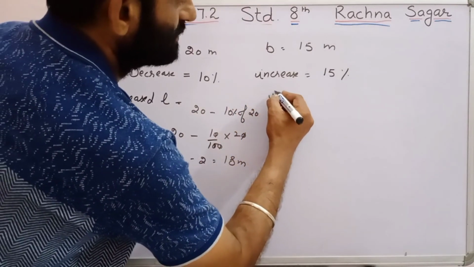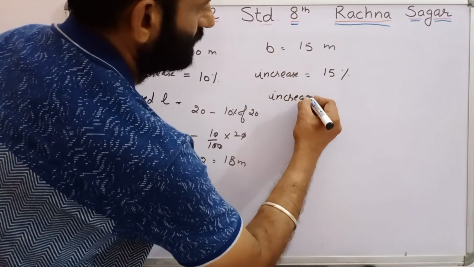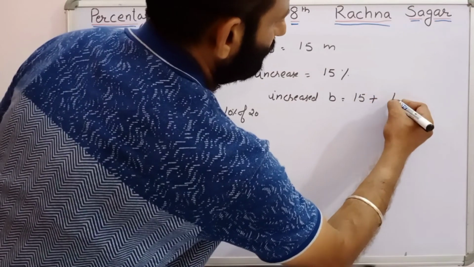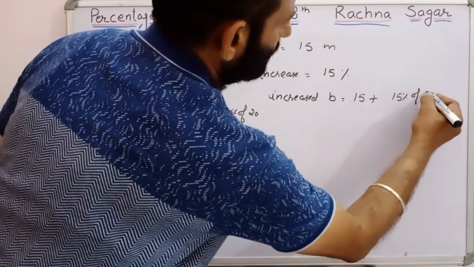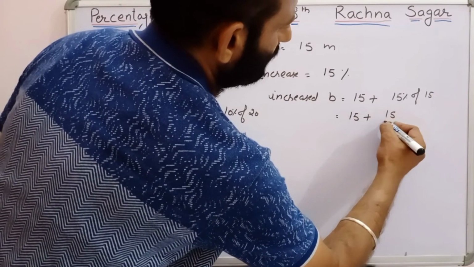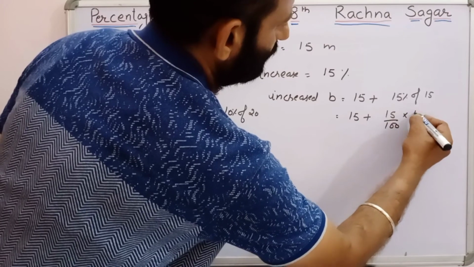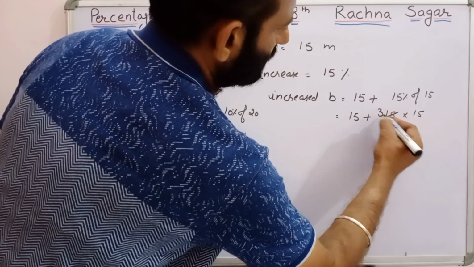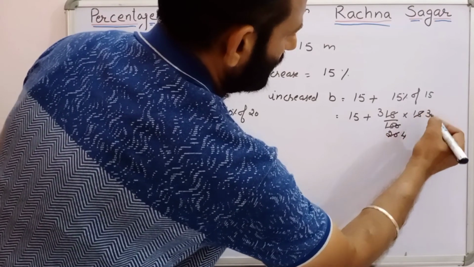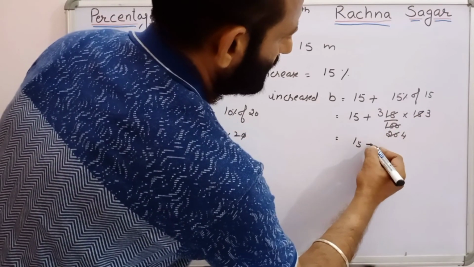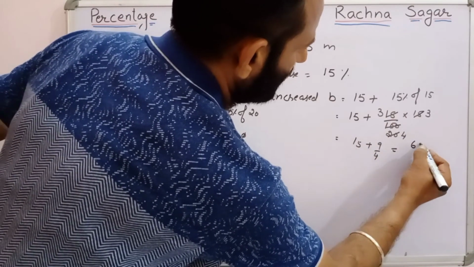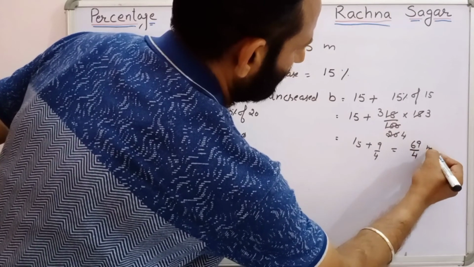And increased breadth of the plot is 15 plus 15% of 15. 15 plus 15 over 100 into 15. That is 15 plus 9 by 4. It is equal to 69 over 4 meter.